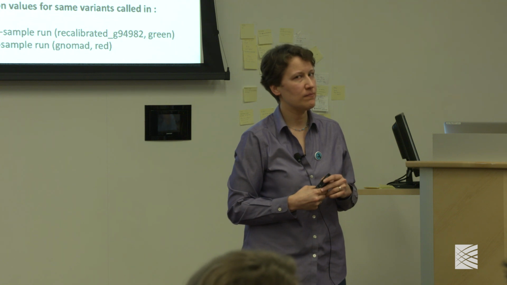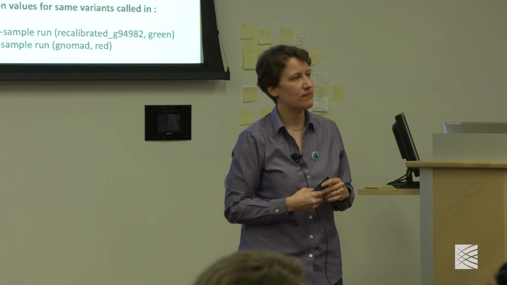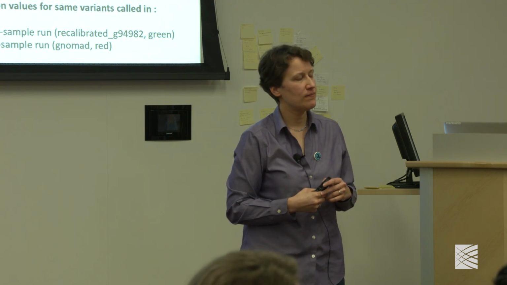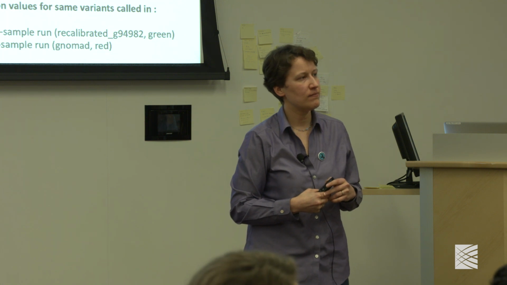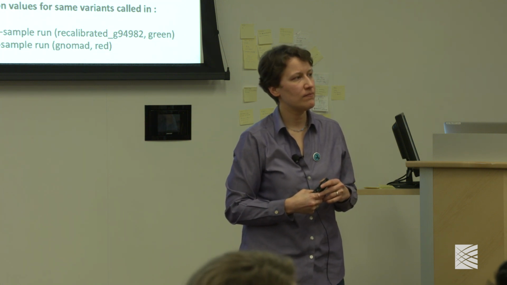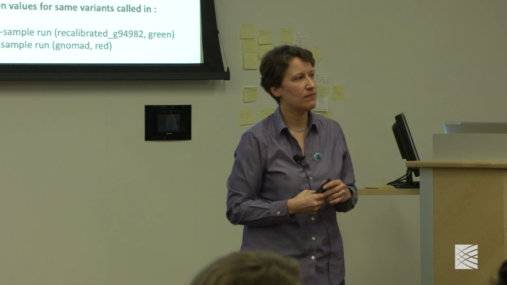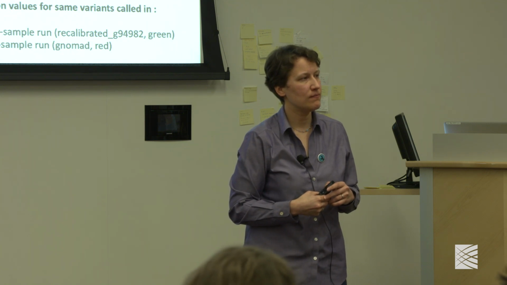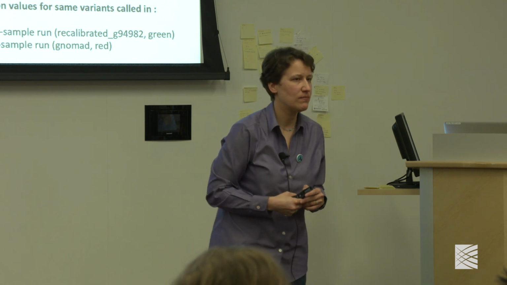In this particular case, with the read position rank sum, it has to do with the clipping that happens inside HaplotypeCaller and how that's calculated, and there are a couple of little particulars about that calculation.